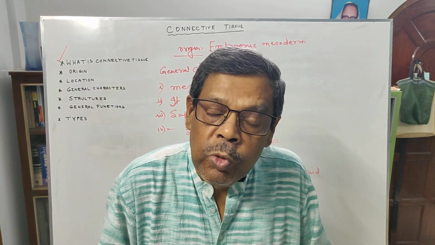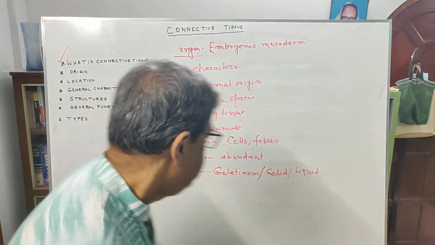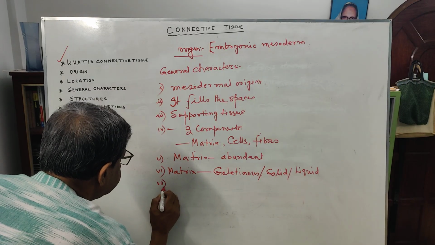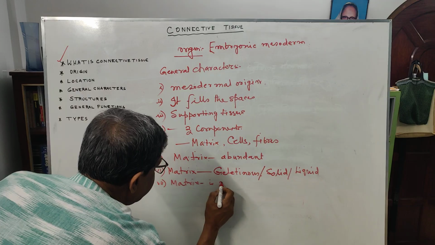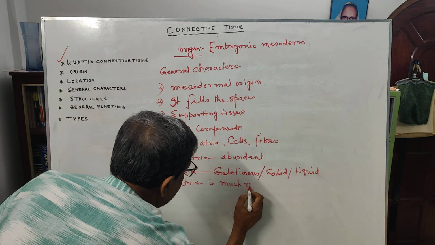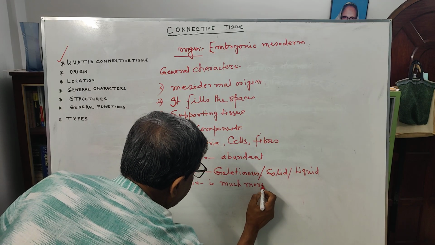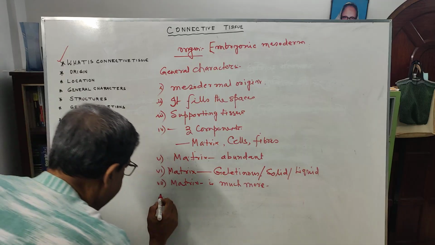Number 7, matrix is much more than the cells.